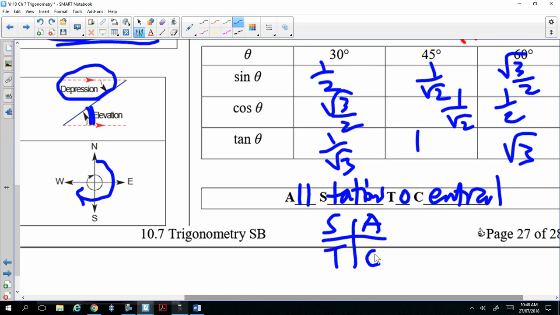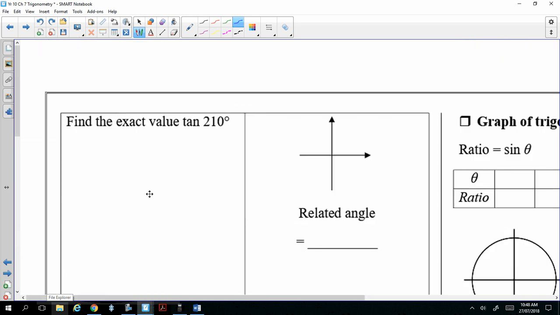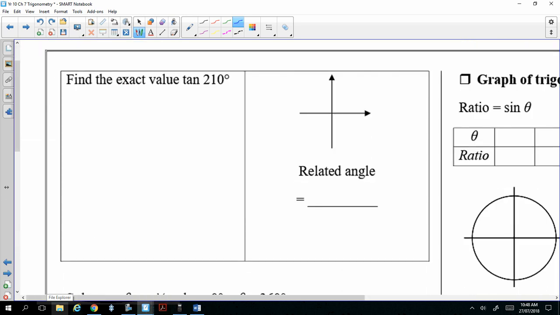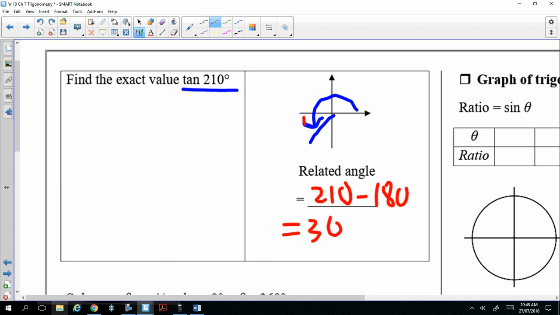Find the exact value of tan 210. Find the quadrant. It's in the third quadrant. Find the related angle. So you go 210 minus 180, which is 30 degrees. So that tells you that tan 210 degrees equals tan 30.